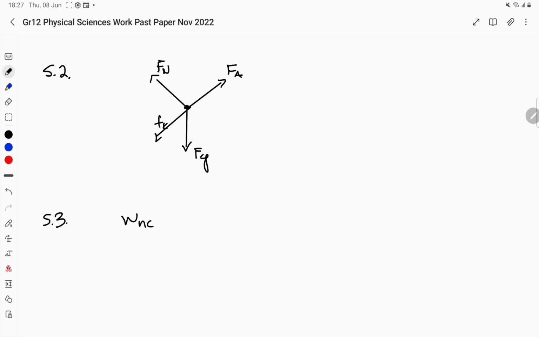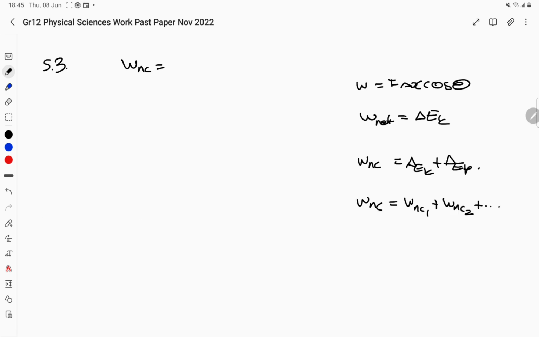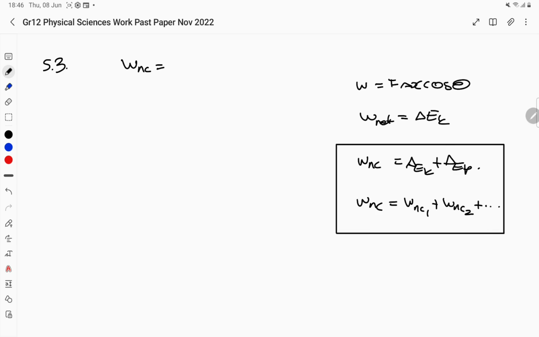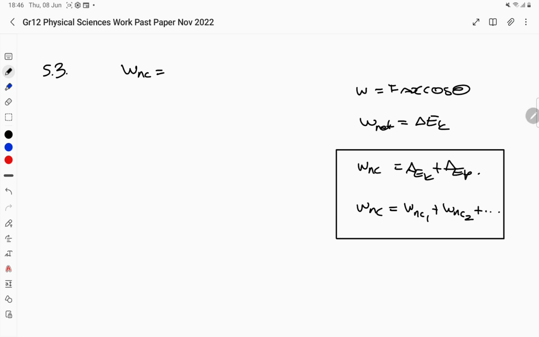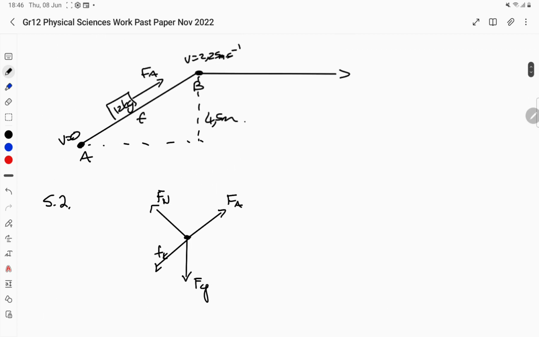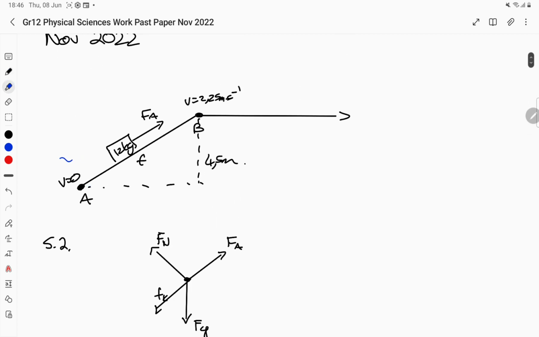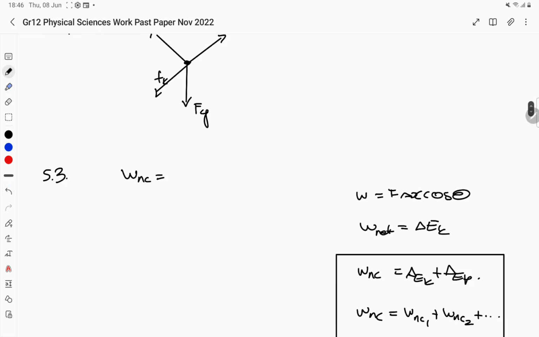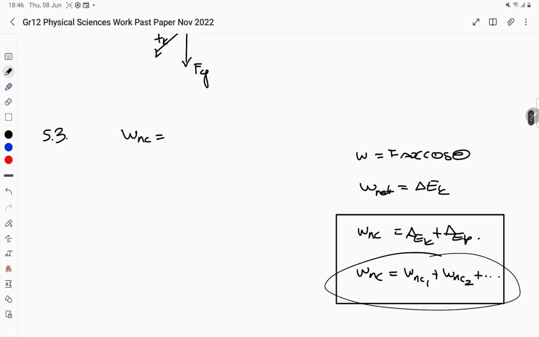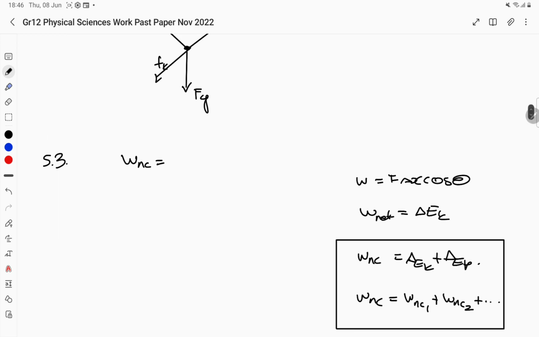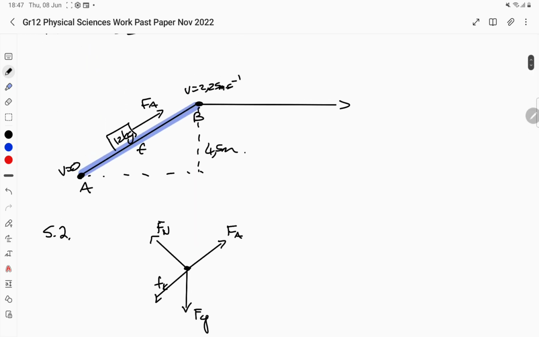Let's take a look at what our formulas are. I have these two specifically that have to do with the total work done by the non-conservative forces as the block is moved from A to B. If we go with the second formula, first we have to decide what the non-conservative forces are.